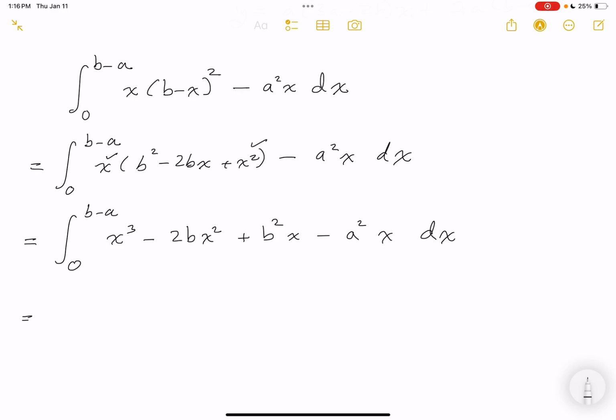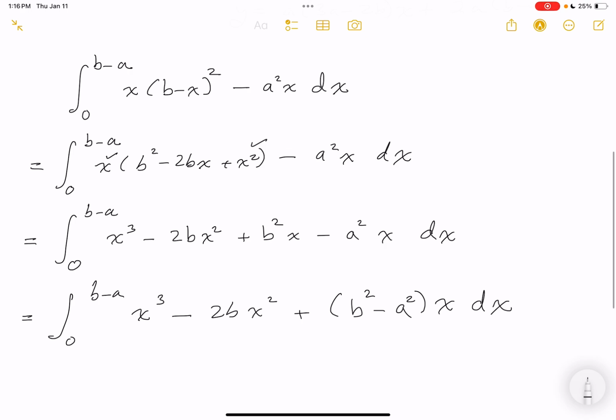All right? Going to write it a little differently. The integral from 0 to b minus a of x cubed minus 2b x squared. Then I'm going to put a plus down, parentheses. You want to get the coefficient of the x. It's b squared minus a squared, x dx.